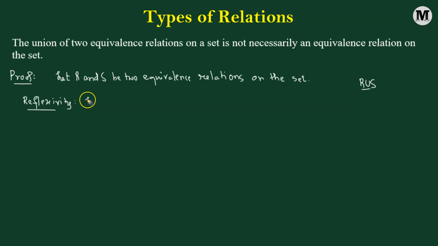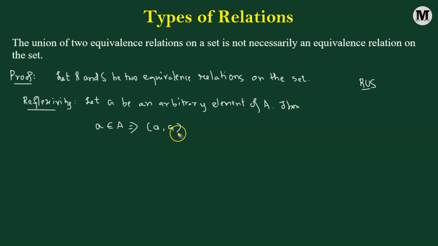To find out the reflexivity, let us consider an arbitrary element a. So let a be an arbitrary element of the set A. Then, if the element a has been picked from the set A, this must imply that the ordered pair (a, a) belongs to the relation R, or the ordered pair (a, a) belongs to the relation S. Now this is true because R and S are both reflexive relations, because they are equivalence relations.